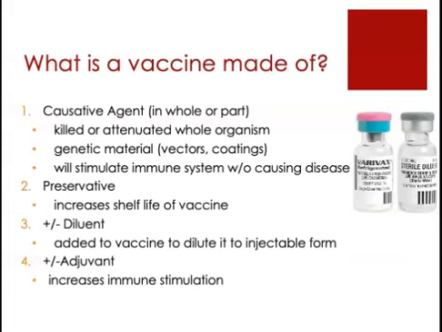So by delivering viral RNA into a host cell, we can cause the host cell to translate the RNA and build protein. So if you think about it, a DNA vaccine and an RNA vaccine are sort of similar because the host cells are going to build protein from both of those types of genetic material. The differences are that there's an extra step with DNA.